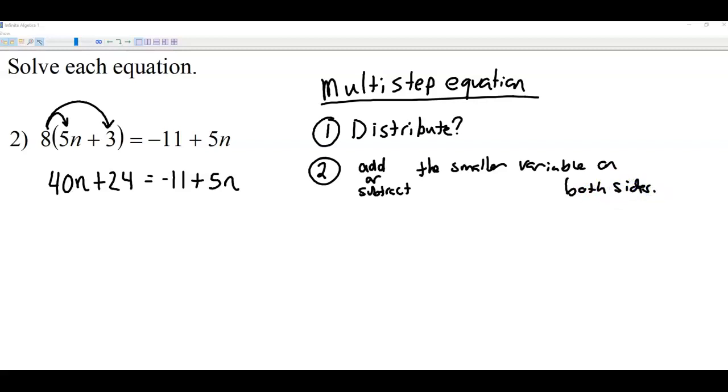Okay, so I've got 40n and 5n here. 5n is the smaller one, so I'm going to add or subtract that. Now, how do you know which one to do? Well, you do the opposite of what it says here. So since that's plus, I'm going to be subtracting that smaller variable on both sides, making sure that you line up the like terms as you do. On this side, they should go away so that variable's not there anymore.